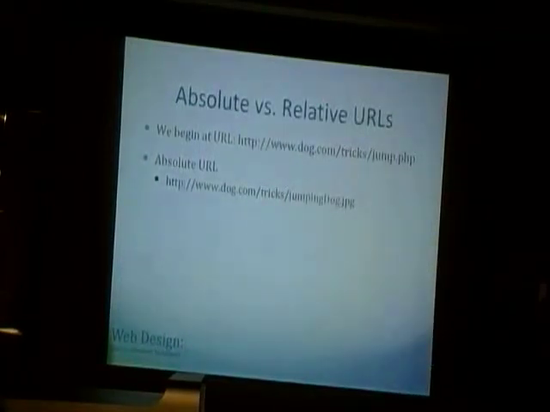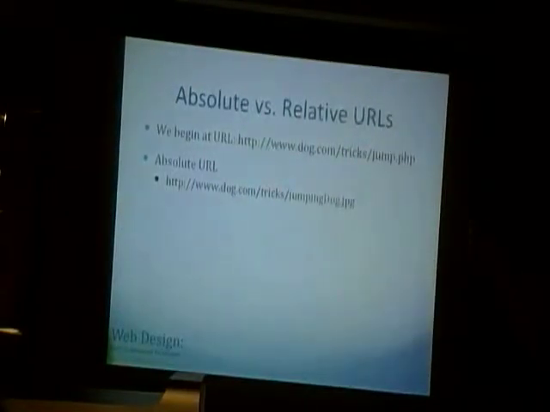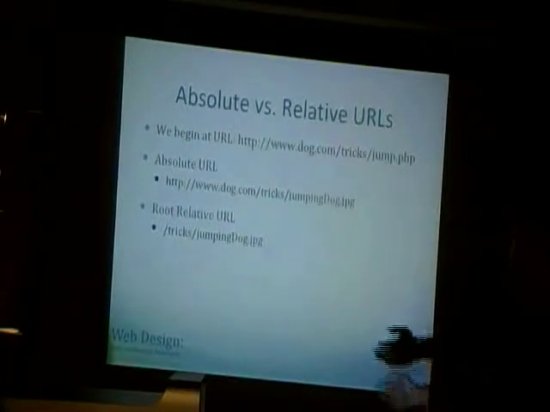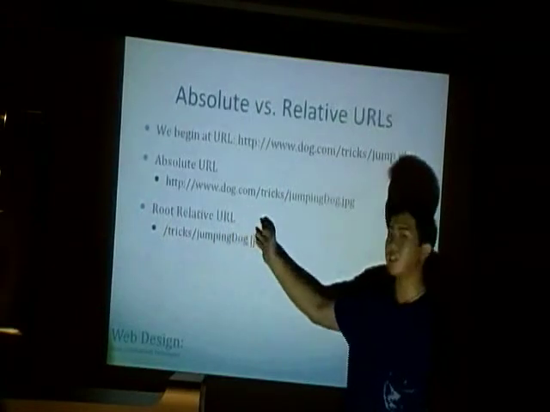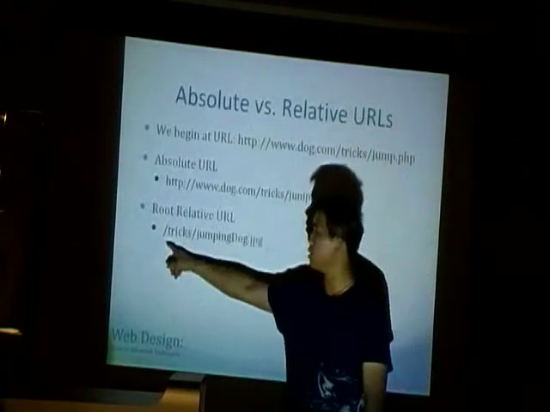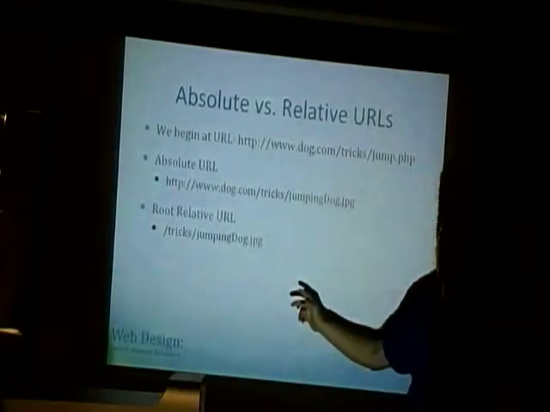So one of the things you can do when you link an image is use something called a relative URL instead of something absolute, which is the case right here. A relative URL will look something like this, where you basically disregard the domain and start at the root, and you start at /tricks/jumpingdog.jpg.